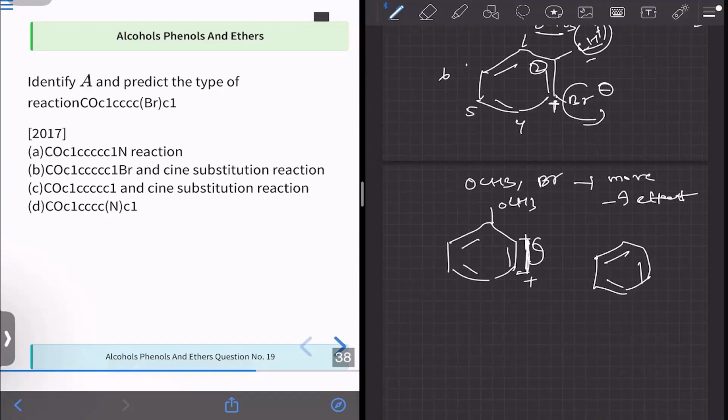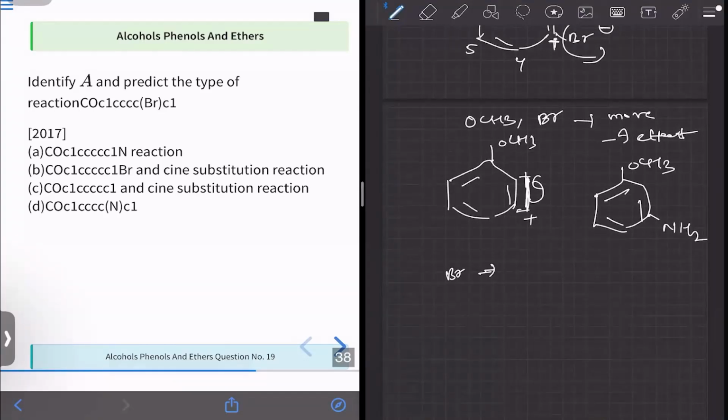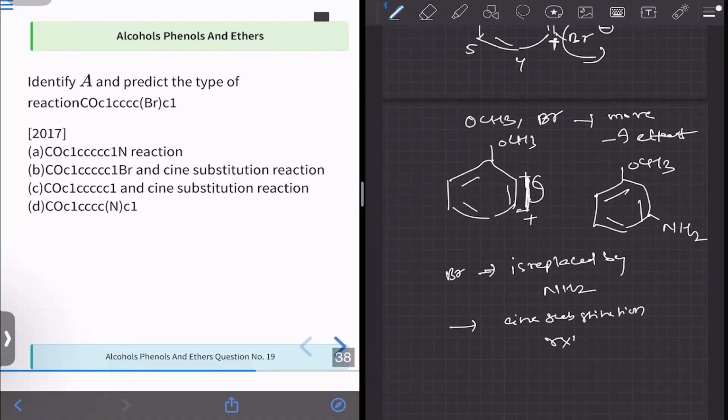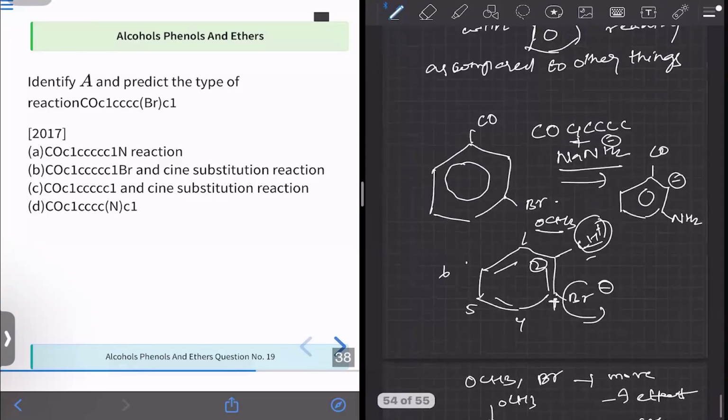Hydrogen will come and NH2 is added, so Br is replaced by NH2. This is known as aryne substitution reaction. At the meta position we have Br, and it is a methoxybenzene.